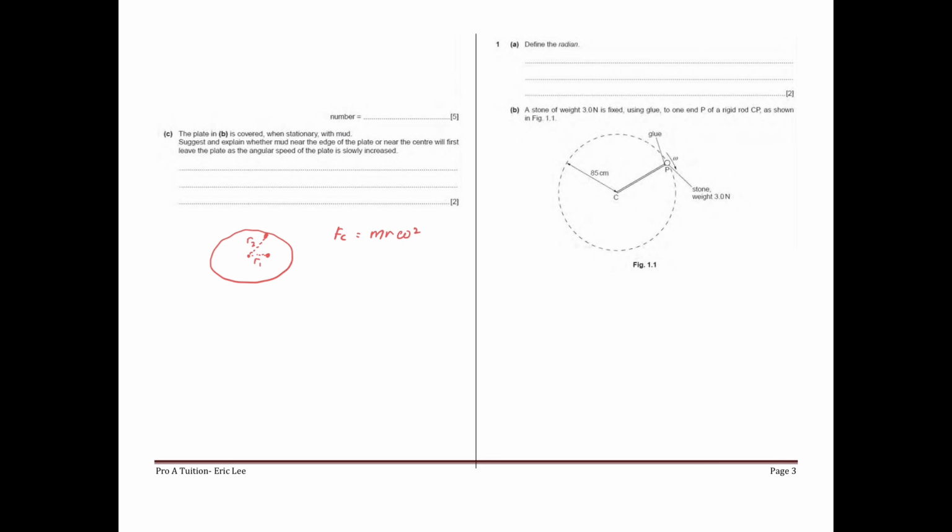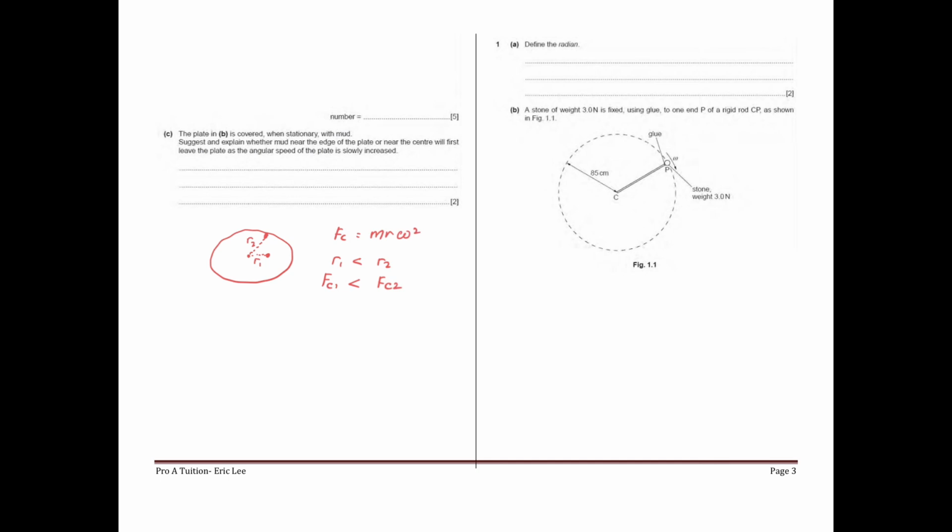Since R1 is smaller than R2, the centripetal force for the first mud has to be smaller than the centripetal force for the second mud. The first mud has a smaller centripetal force.